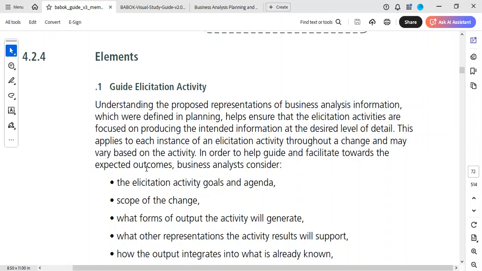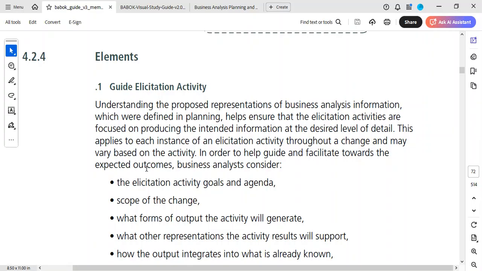Let me take this again. Understanding the proposed representation of business analysis information, which were defined in planning. So you understand what is needed, and this was defined during your planning stage.